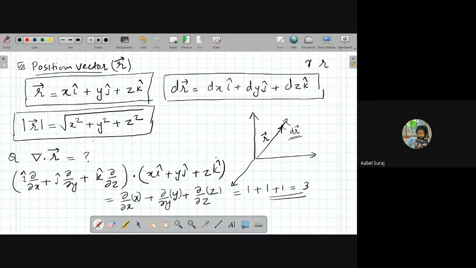So the physical meaning is that del dot r will give the dimension of the space where the vector is situated. Since it is a Cartesian, three-dimensional space, it will be 3. Okay, so that's the physical idea.